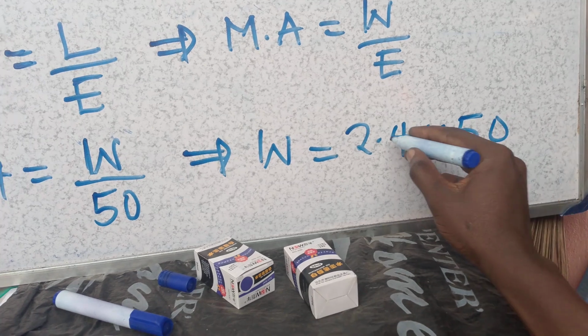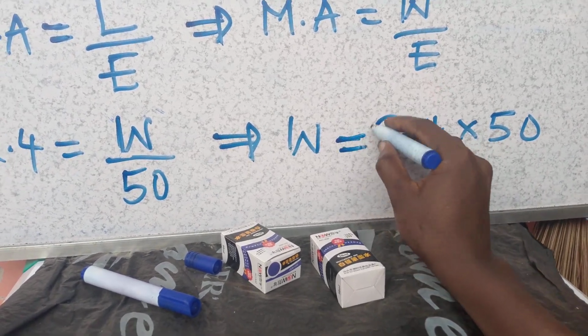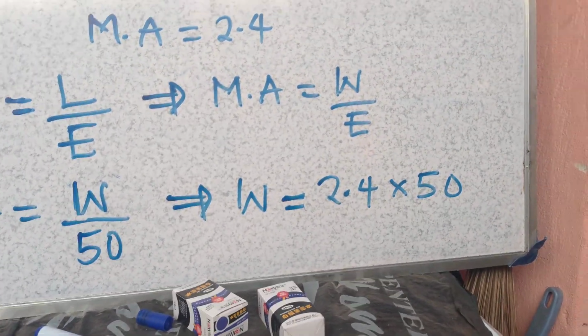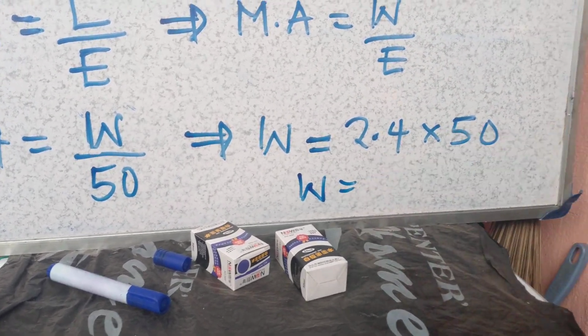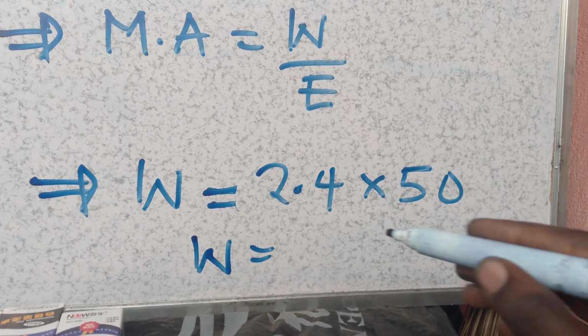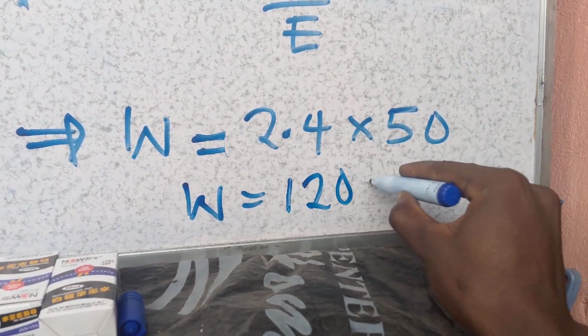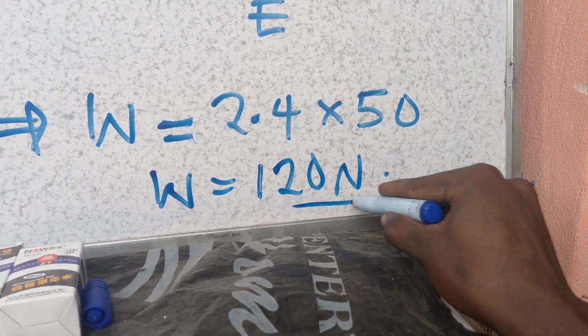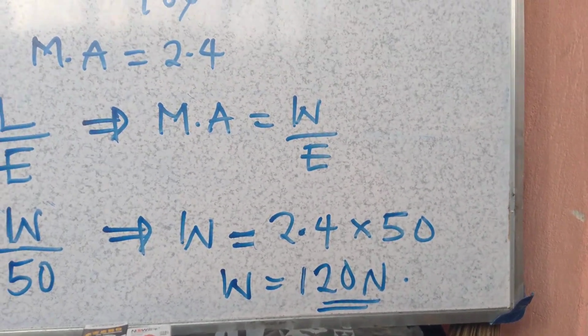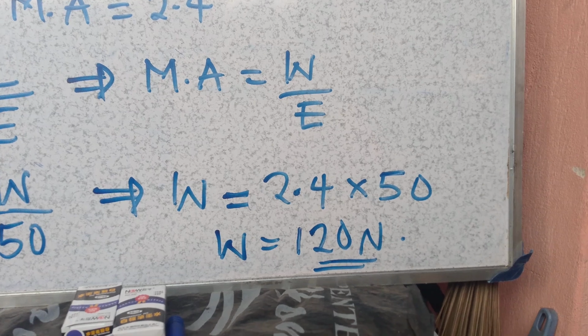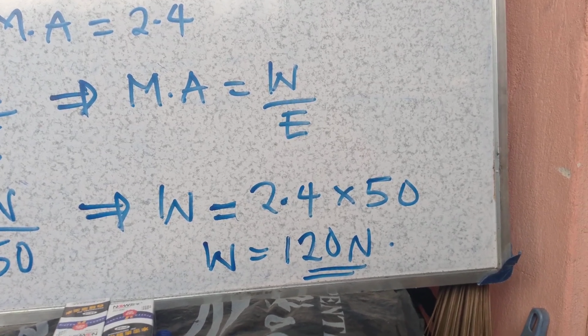So the load, or the weight of that block, is 2.4 times 50. If I multiply that, I have W as 120 Newton. Final answer. So we have obtained the weight of that block as 120 Newton.